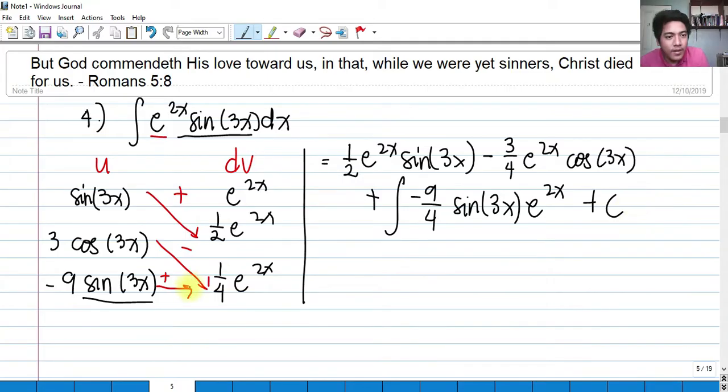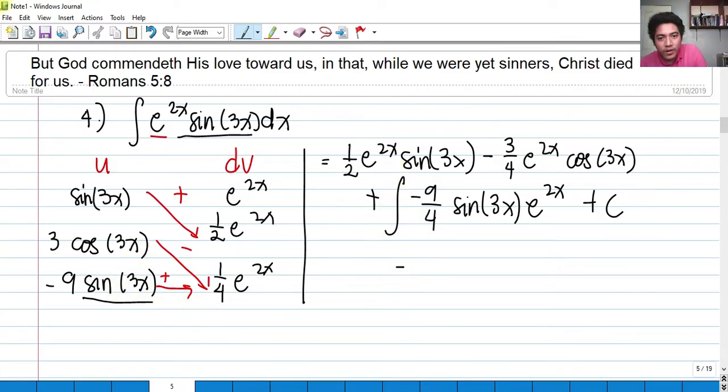That's clear because this would never get to 0. The rule is, if you arrive at the same integrand, sine 3x, whether there is a constant here or not does not matter. You will be integrating it again, multiplying this but with an integral sign.